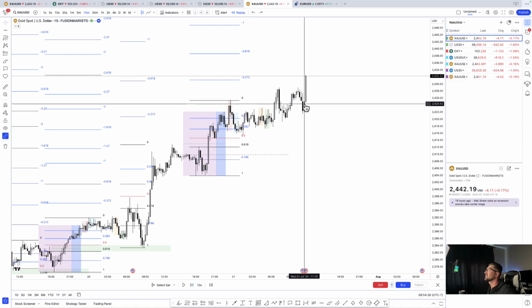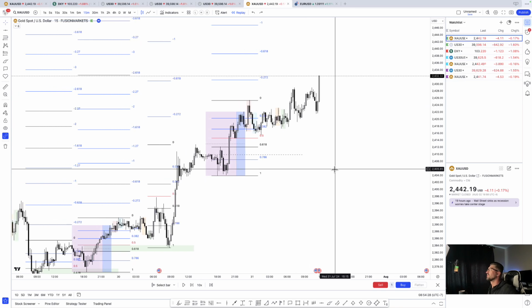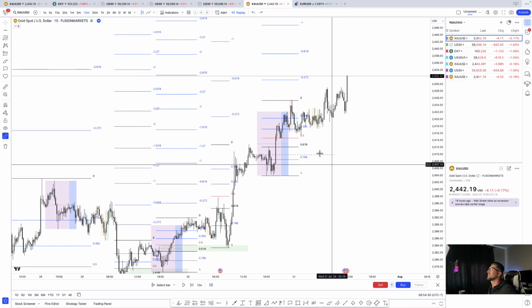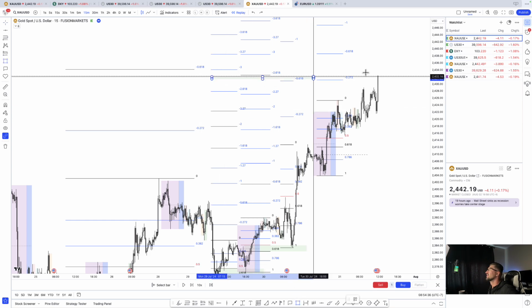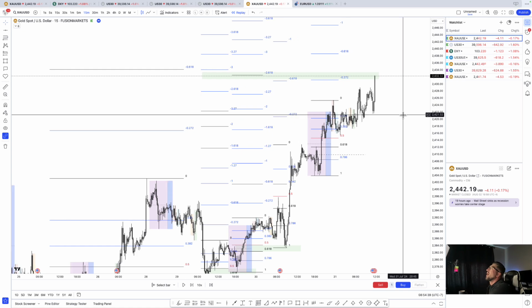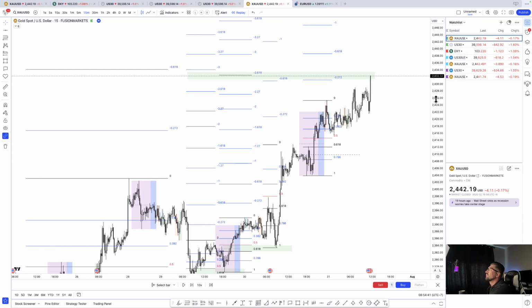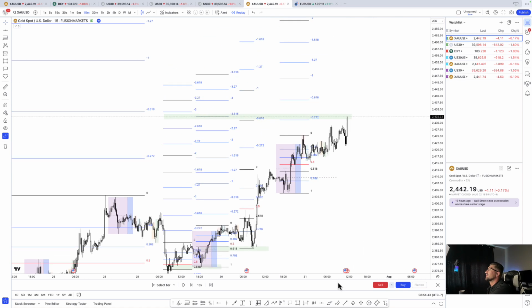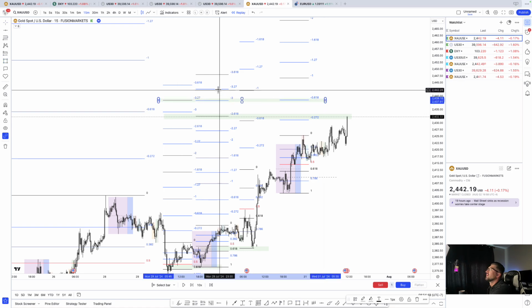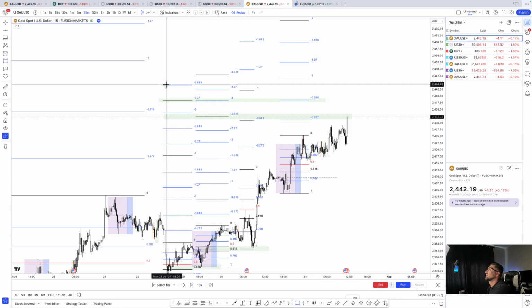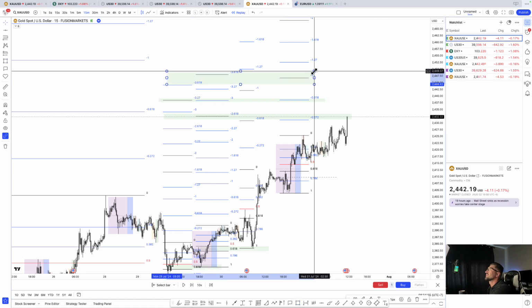In hindsight, I kind of played this one wrong. I looked here, and I ended up basically closing at the first area my fibs intersected. So we can notice there is another area where fibs intersect, and then I would say this would be the next one where the fibs intersect.